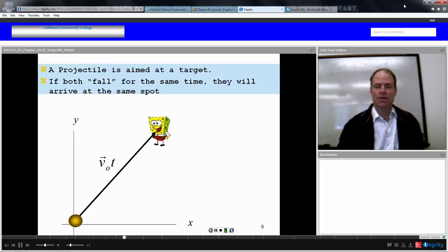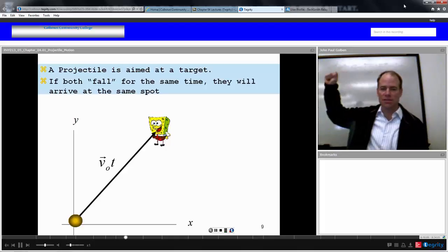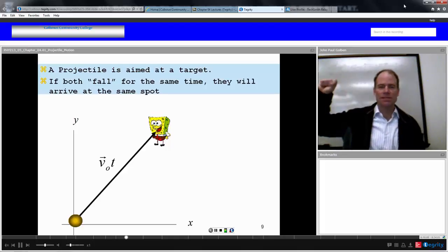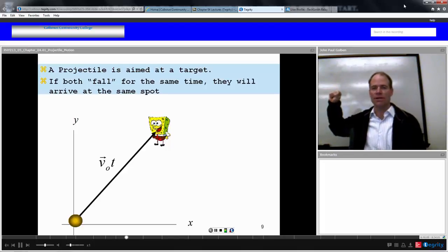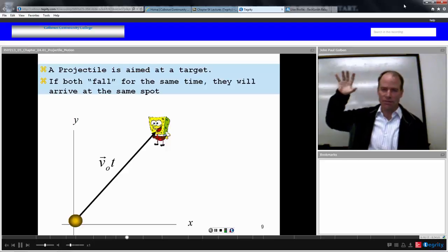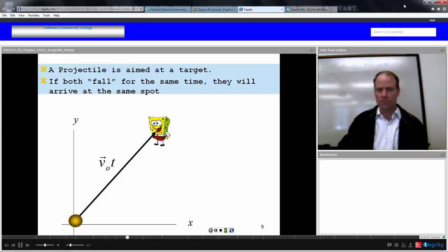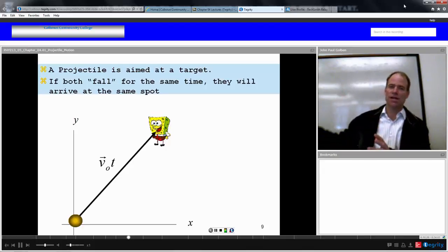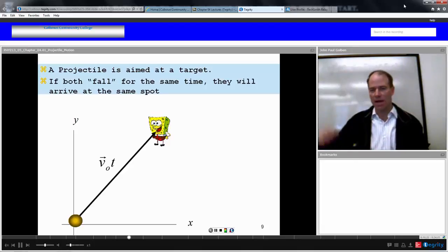Let's say, though, that we actually do this near the Earth, under the acceleration of gravity, and SpongeBob is hanging on to some kind of tree, and he decides, as soon as you shoot this projectile, that he's going to let go of the tree and fall, hopefully thinking that if you aimed above where he was, the projectile will go above him and miss him as he's falling.